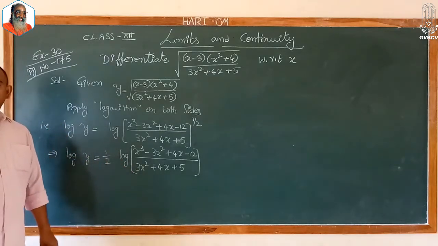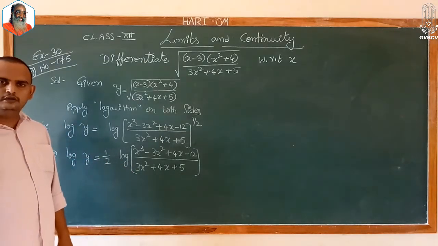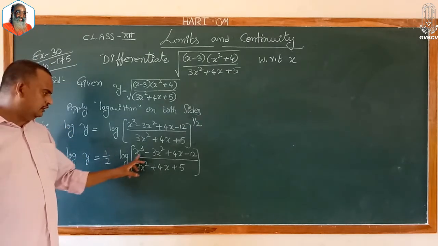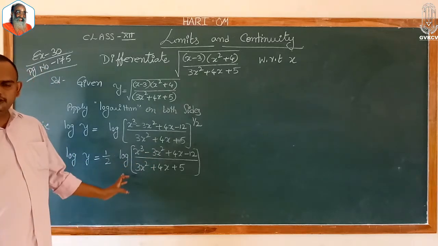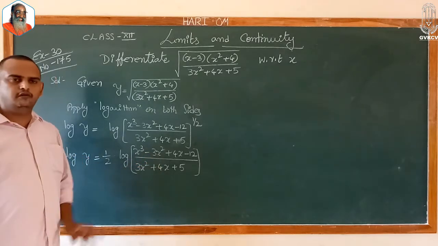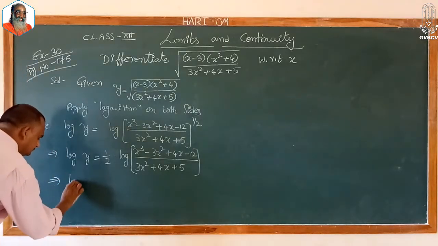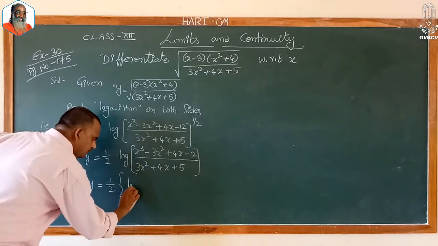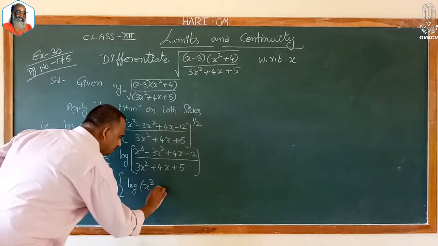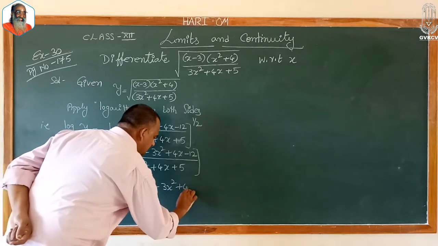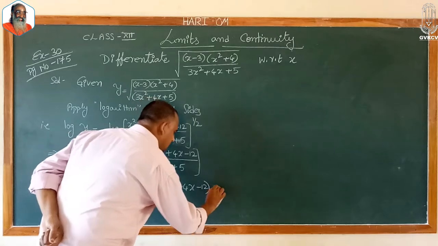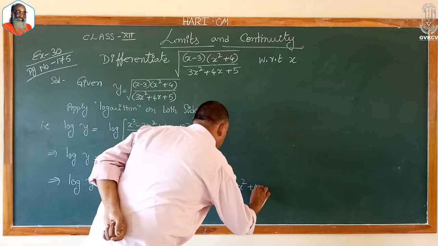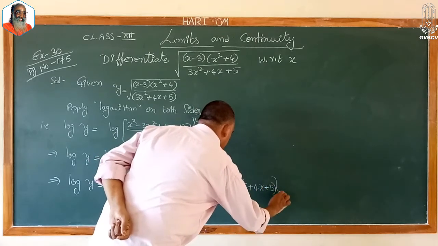Now go for logarithm again. We have log in the form of log u by v. Log u by v means log y is equal to half into [log (x cube minus 3x square plus 4x minus 12) minus log (3x square plus 4x plus 5)].